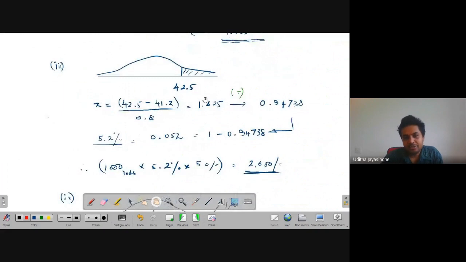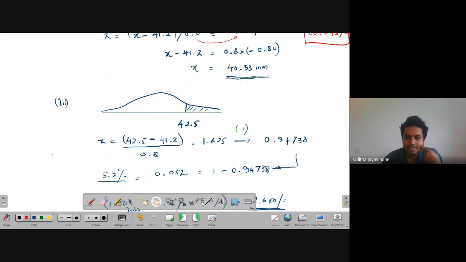I put 42.5 in the diagram. This 42.5 is the point. Now, if you would recall that in the previous instance, students, if a rod is less than this 40.53, we just send it to the reworker.